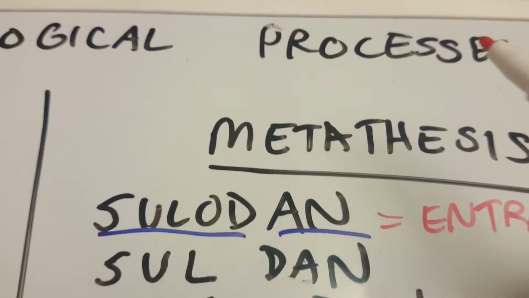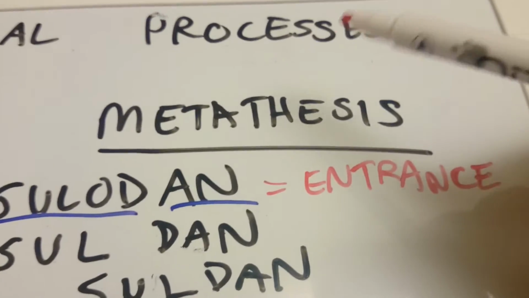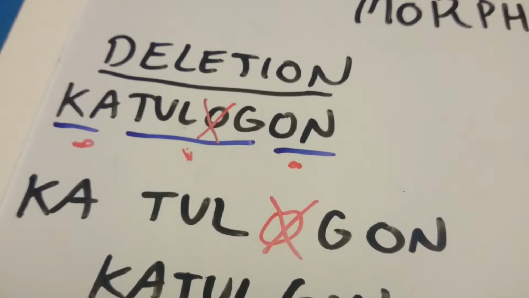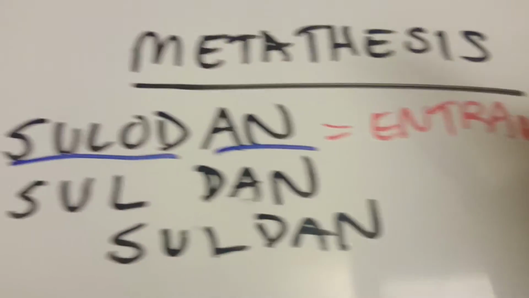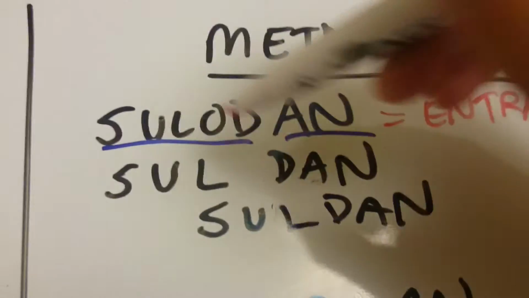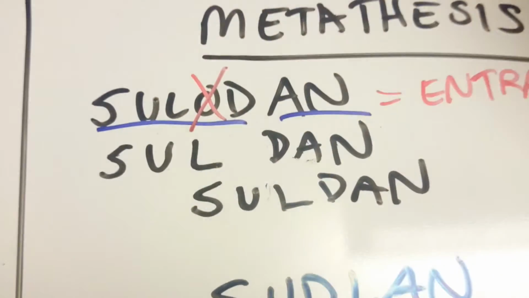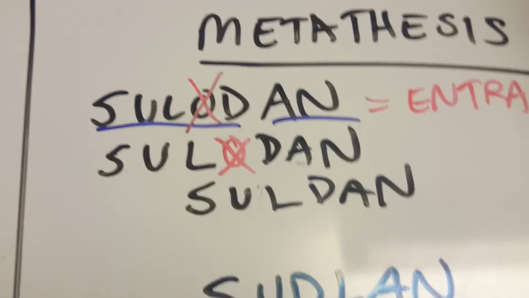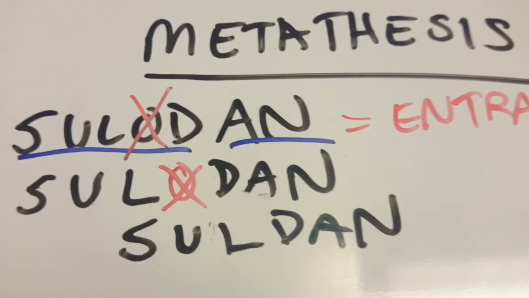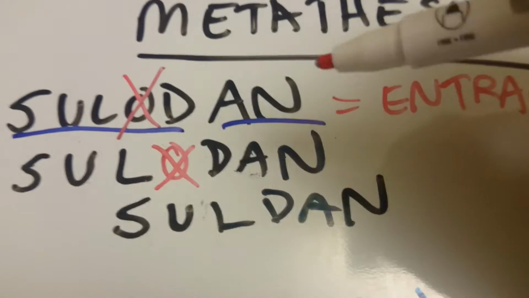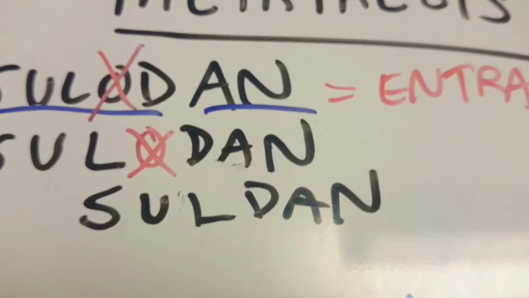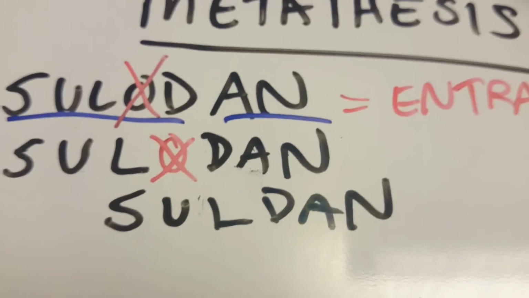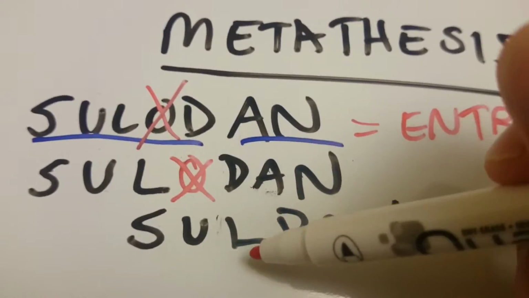And to get metathesis started with this, we have to go through a process again called deletion, right? With deletion, this O in sulod gets deleted. There was an O here. That's gone. So we get something called suldan, right? Suldan. But it still doesn't sound right conversationally, or it doesn't have a good conversational flow, even though people will understand you.